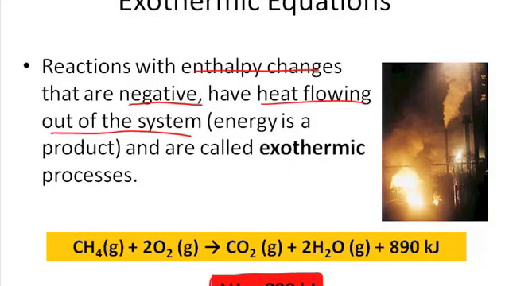Now on a chemical equation, if you see this value in kilojoules, which is a unit of energy, because it's just a kilojoule or 1,000 joules, if you see it on the product side, that means that energy is a product. Therefore, it's leaving the reaction and going into the surroundings. So that's when you can tell if it's exothermic.